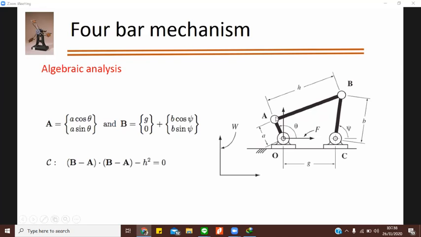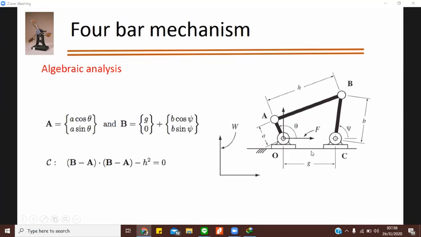For A, we can write the vector in this form, right? And for B, we can write the vector in this form. So it's G plus 0 plus this part. So it's B cos psi plus B sin psi.